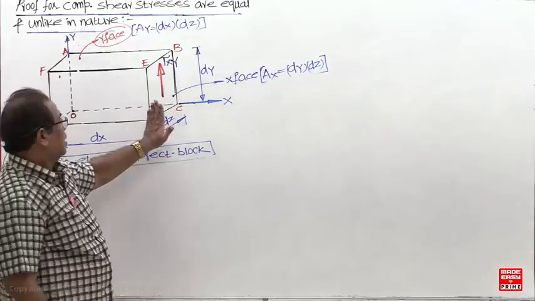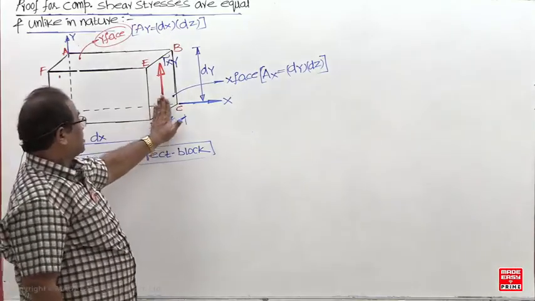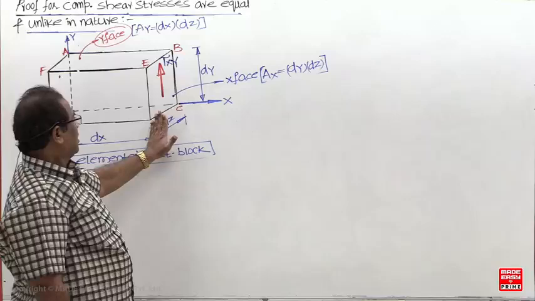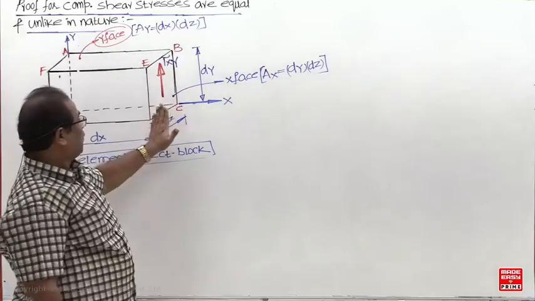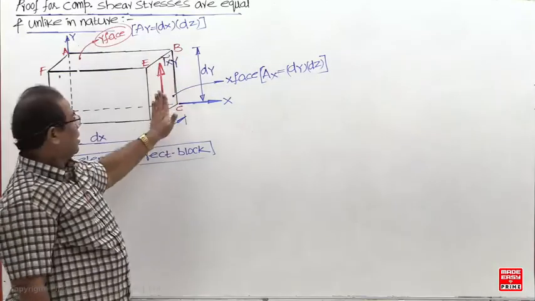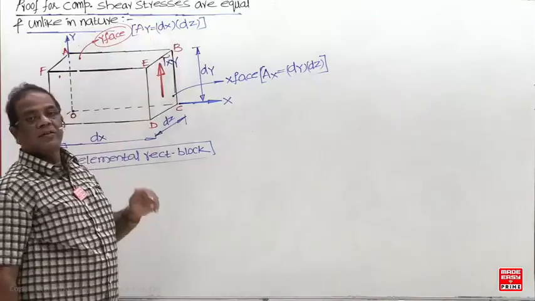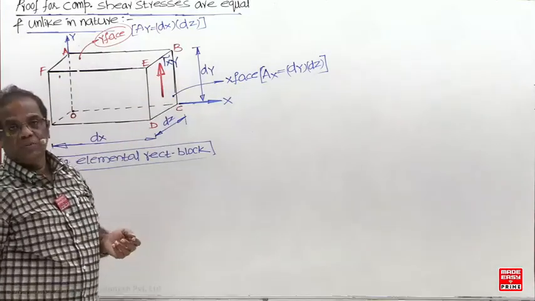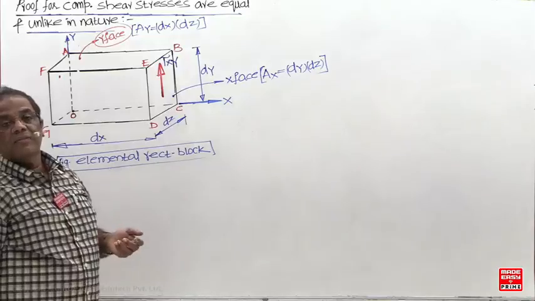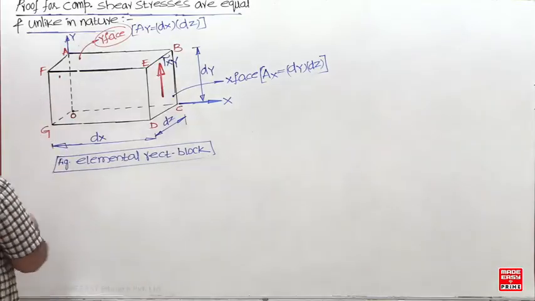Now, the resisting shear force due to this one, I'm assuming F1. But in which direction is this force? The y direction. The sum of the force in the y direction should be 0, since you are always assuming the equilibrium condition.